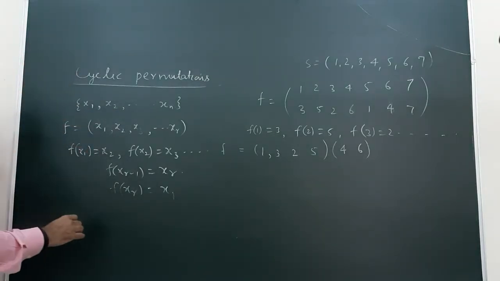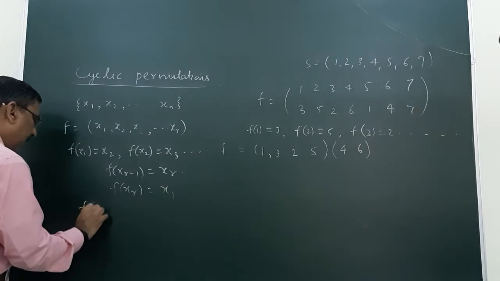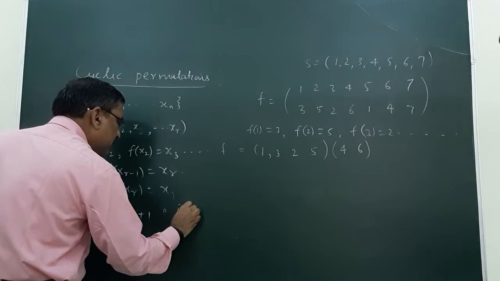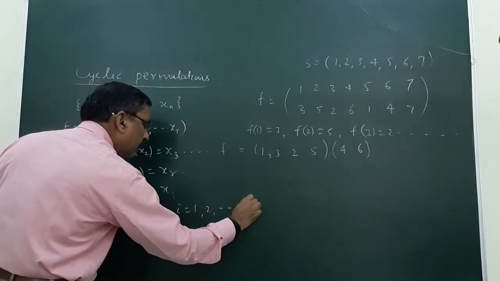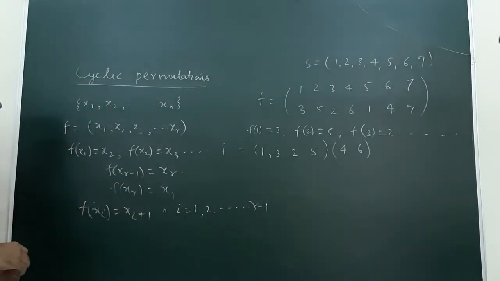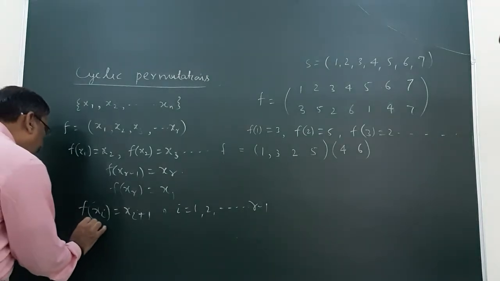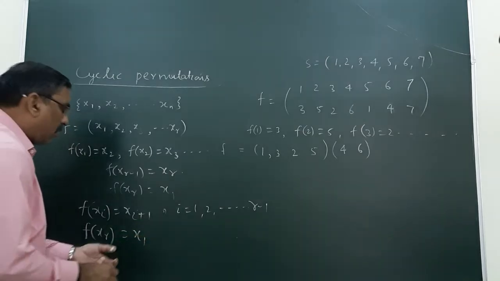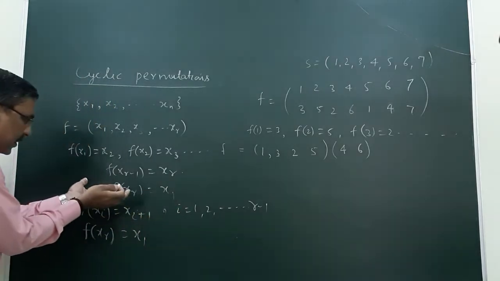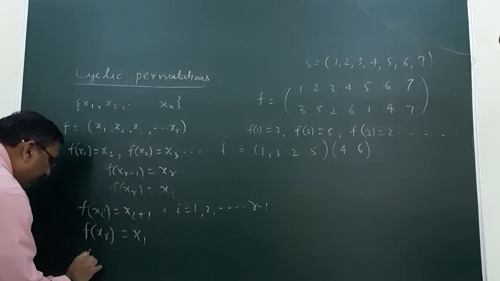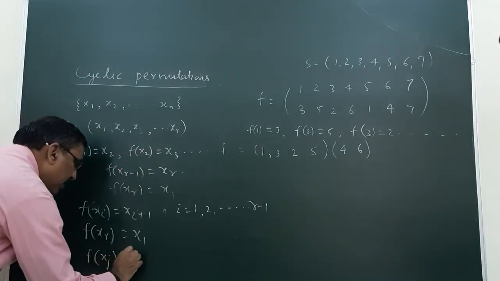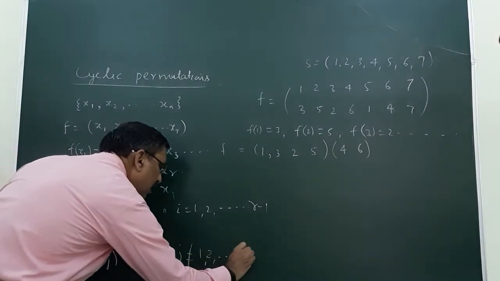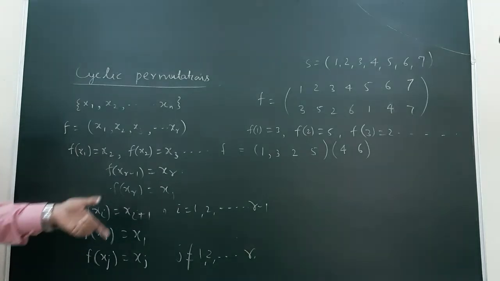So in general, f(xi) is equal to x_{i+1}, where i is equal to 1, 2, 3, 4 up to r minus 1. And for xr, f(xr) is x1. For all other elements other than these r elements, f(xj) is equal to xj, where j is not equal to 1 to r.